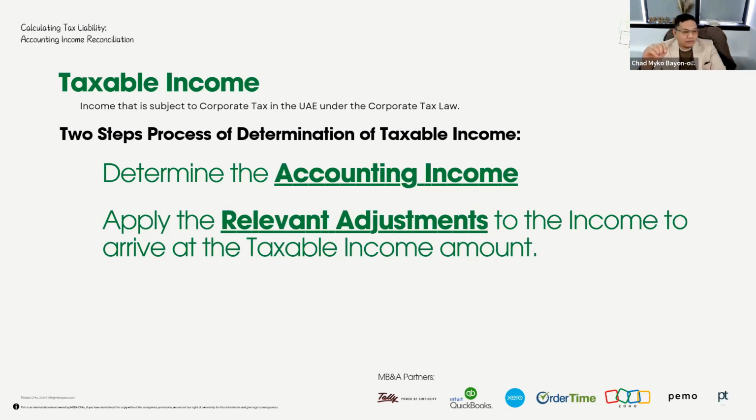And then thereafter, we apply the relevant adjustments to that income to arrive at our taxable income amount. Since you already have the books with you and your accounting income, we need to apply the adjustments related to it. So it will become easier for us and it will be determinable which are the acceptable ones.